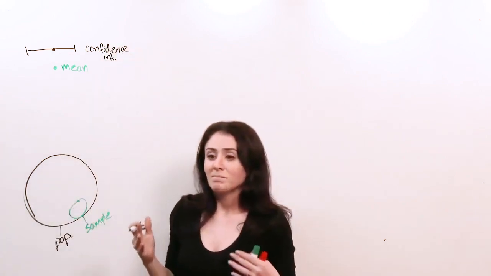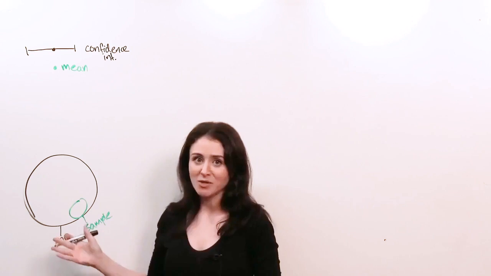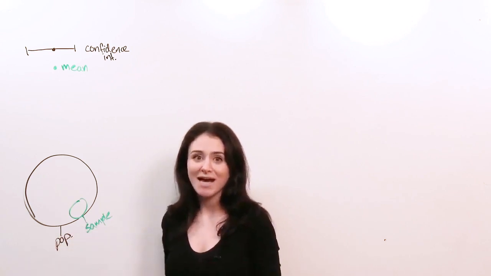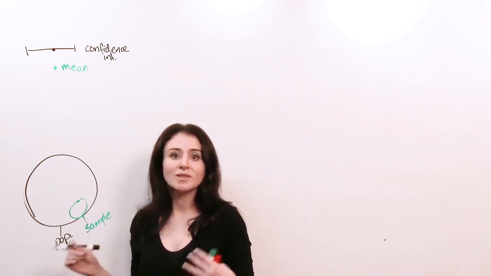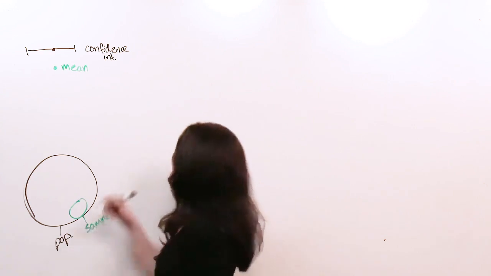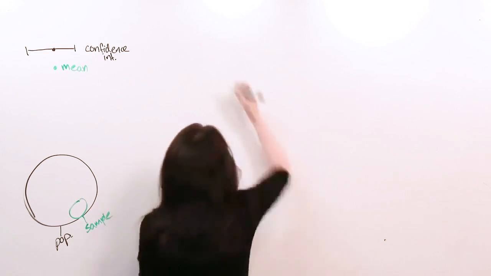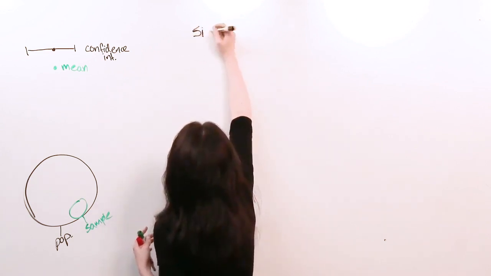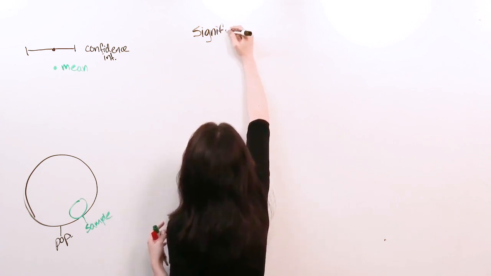A confidence interval makes you more likely to contain the actual population value that you are trying to make a guess at. Okay, so now let's think back to the hypothesis testing video. Remember, in the hypothesis testing video, what we were trying to get at was significance. Was there a statistically significant difference between the two groups?